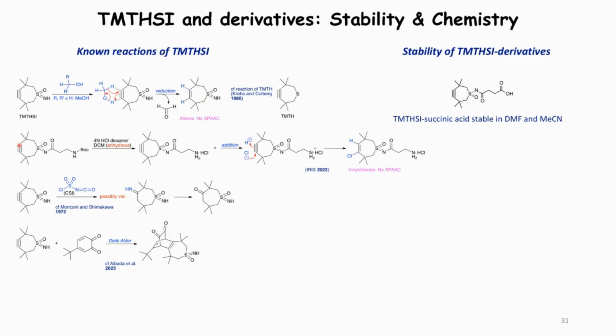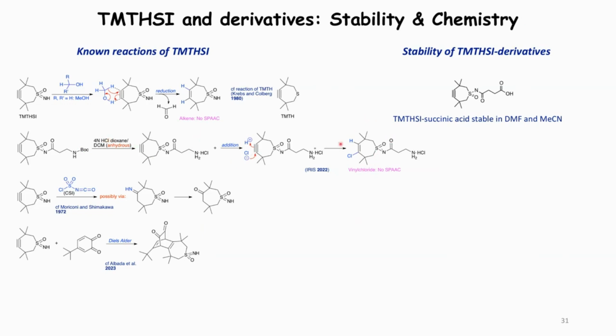What we found, actually, what IRIS found, because they looked at a lot of the chemistry of TMTHSI derivatives and TMTHSI itself, if you have a Boc protected compound and you try to remove the Boc group under anhydrous conditions, you get the addition of this strong acid, HCl, to the triple bond.